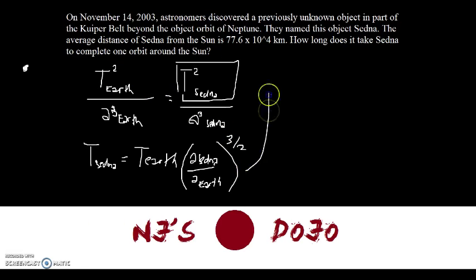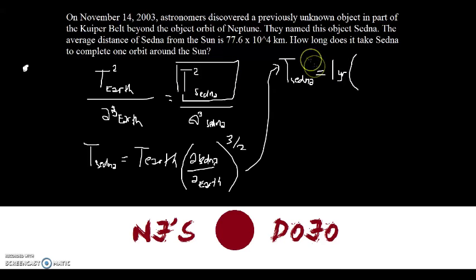So now we plug in variables. T Sedna would be equal to, so it takes 1 year for the Earth to revolve around the Sun. So basically that is its value for the period of the Earth.